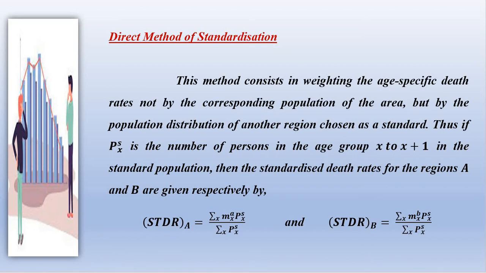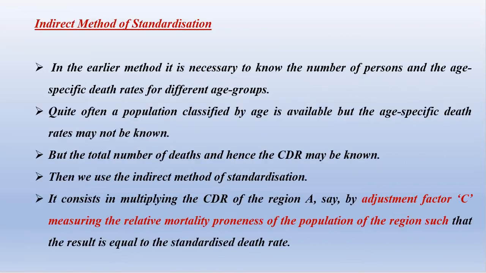Here pxs is the standard population for the age group x to x plus 1, mxa is the specific death rate for region A for the age group x to x plus 1, and mxb is the specific death rate for region B for the age group x to x plus 1.